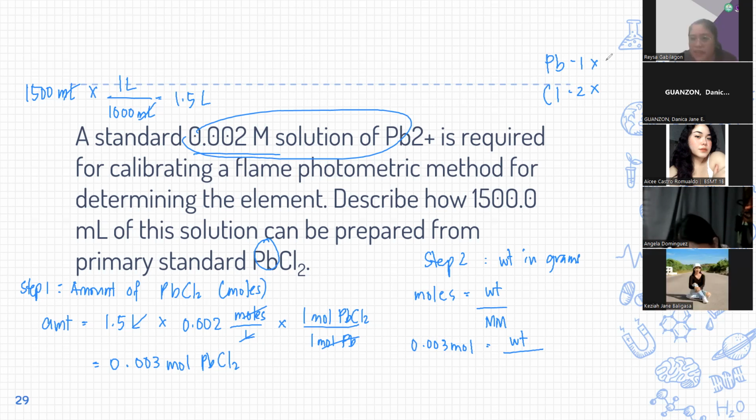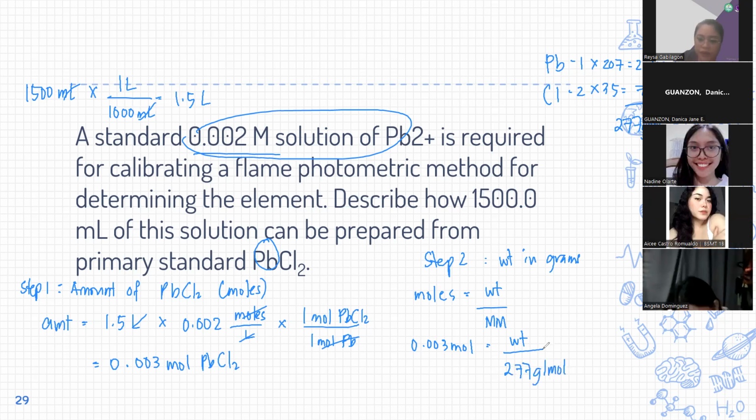Okay, that's 207. So this is 207. This is 35. So that's 70. So this is a total of 277 grams per mole. So cross multiply.